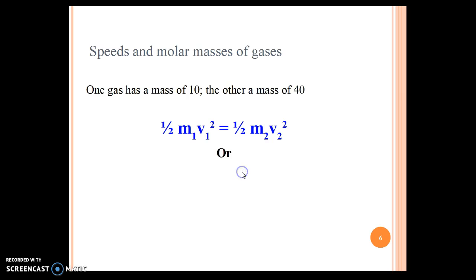Now, if that's true, then we can also say the square root of m1 times v1 is equal to the square root of m2 times v2.